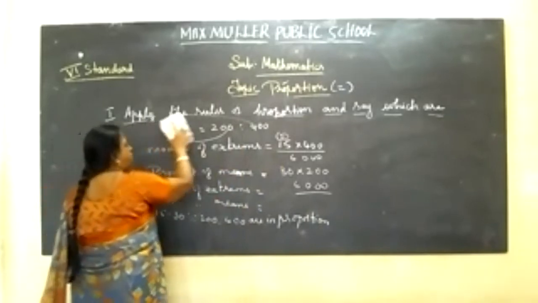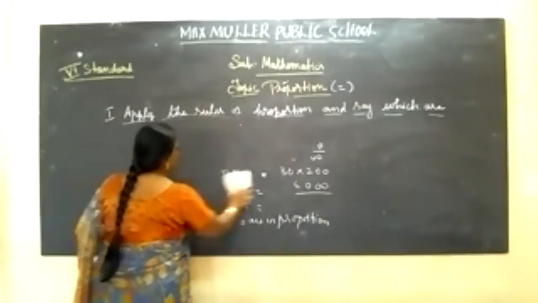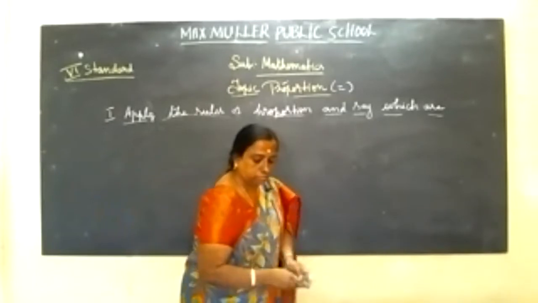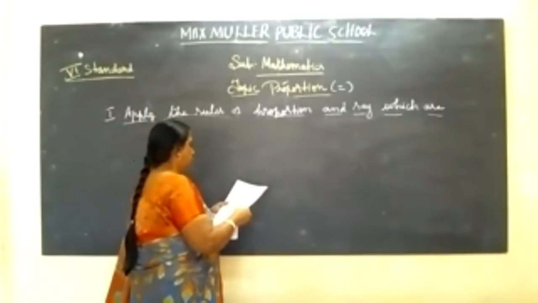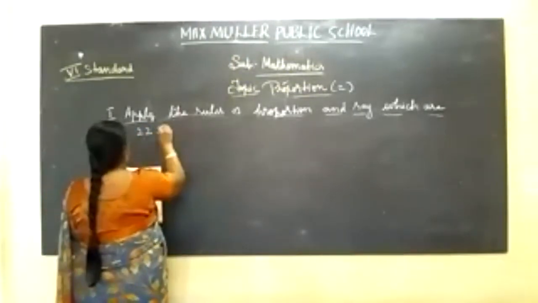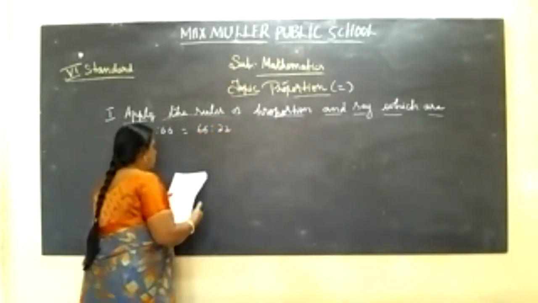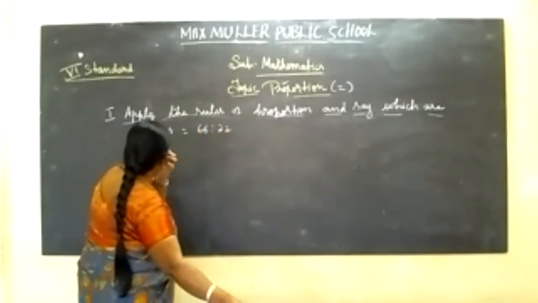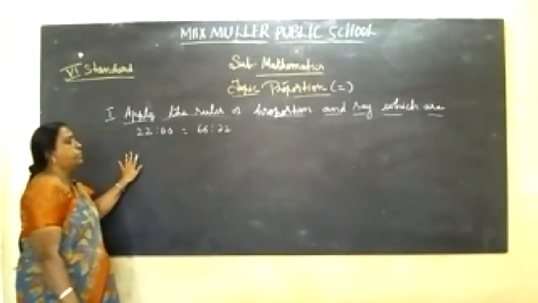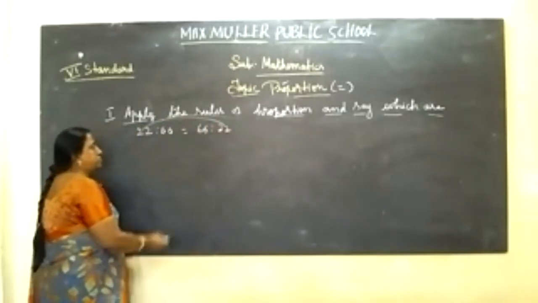Now question number 4. Fourth one. 22 is to 66 equal to 66 is to 22. Now you should check whether they are in proportion or not. First term and last term, that means extremes.